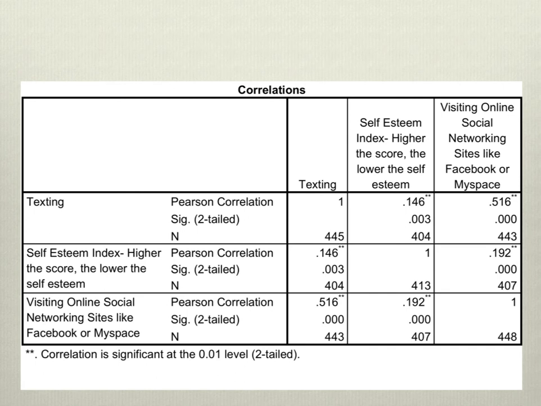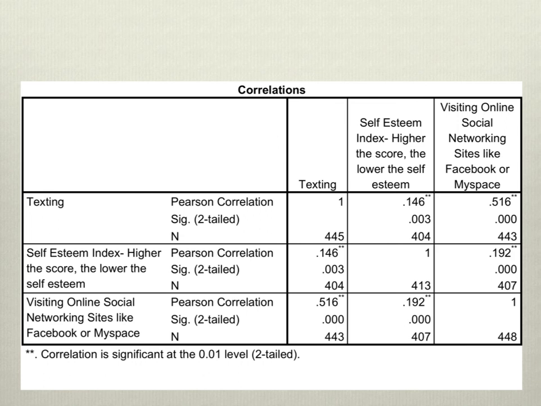Finally, here's an example using Pearson's R. In this case, I'm hypothesizing that there's a statistically significant relationship between texting and self-esteem, and also between self-esteem and visiting online sites. In each of these cases, I measured these things as interval ratio level data, or I used my self-esteem index in the original form.